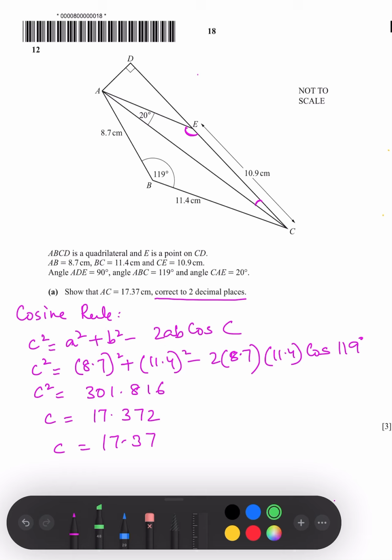If we consider this triangle, this side is 17.37, right? So two sides are given and one angle is given, so we can calculate it by the sine rule.